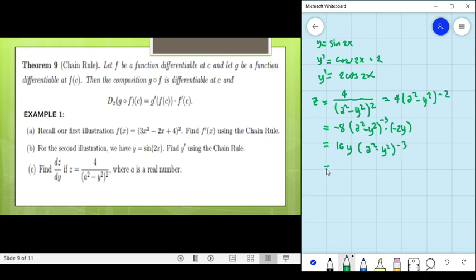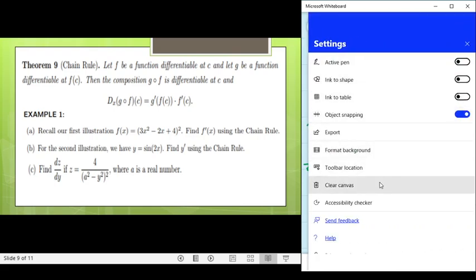So z prime is similar to 16y over quantity a squared minus y squared to the third power. Okay? Next example.